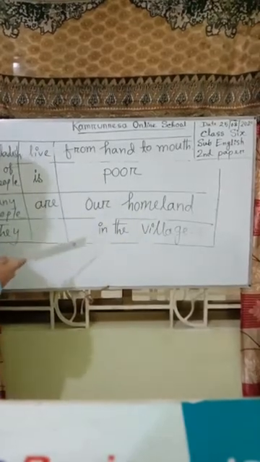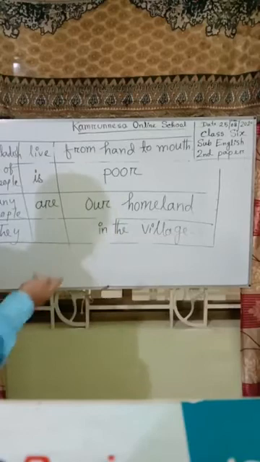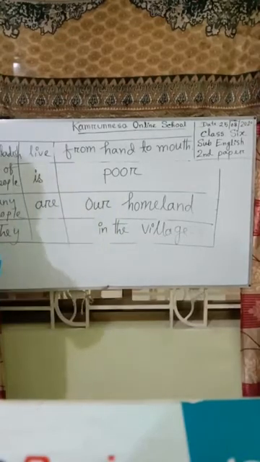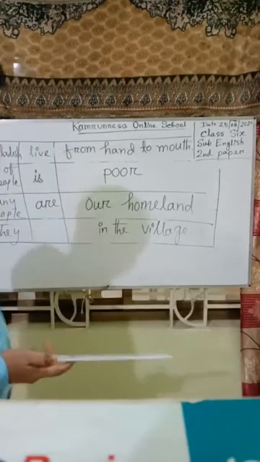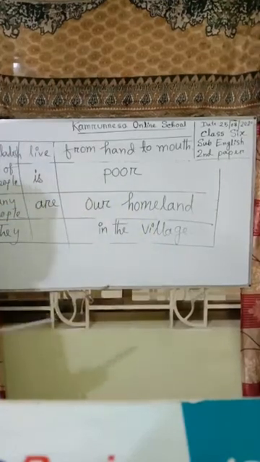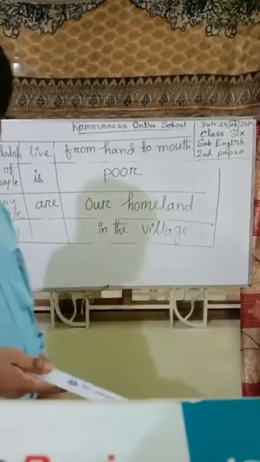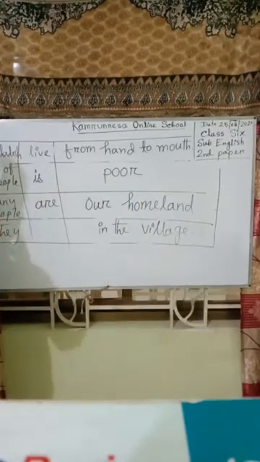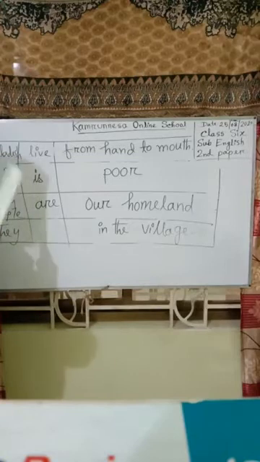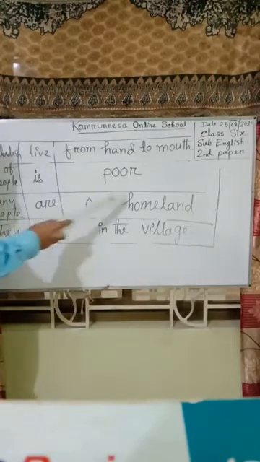If you try to form in another way, you will see that this sentence would not be the proper form. So number one, the first sentence will be Bangladesh is our homeland.